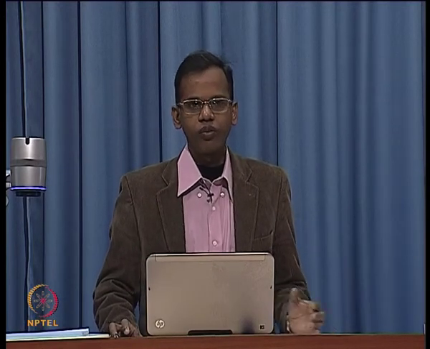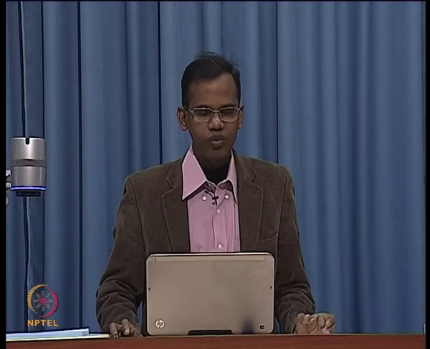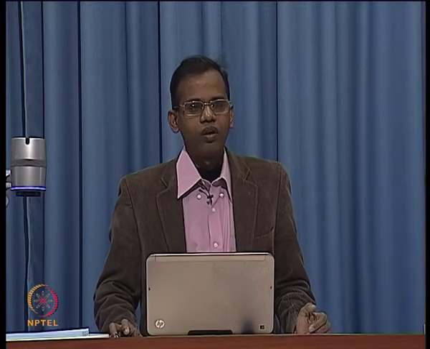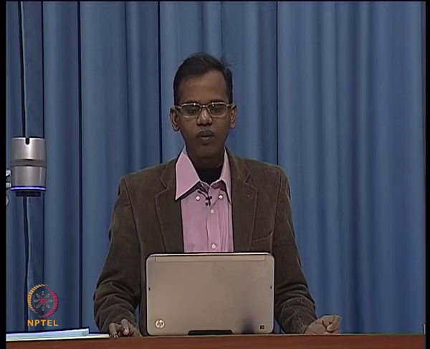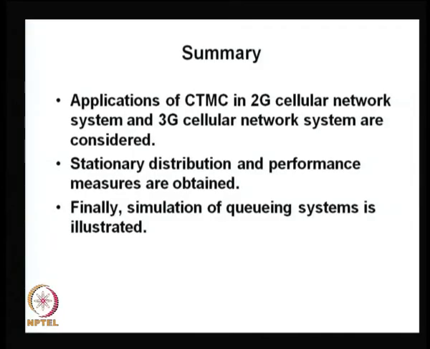Then we discussed a few queuing networks which have the product form solution. Then in this last lecture we have discussed the applications of CTMC in 2G, second generation cellular networks, as well as third generation cellular networks. The application of CTMC in 2G networks is the birth-death process, whereas in 3G cellular networks it is the quasi-birth-death process.